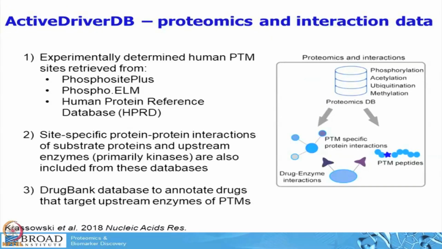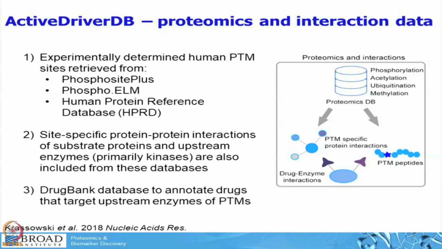In terms of proteomics and interaction data, it uses data available in several different databases like PhosphoSitePlus, PhosphoELM, and the Human Protein Reference Database. And in terms of PTMs, we are not only looking at phosphorylation here, we're also looking at acetylation, ubiquitination, and methylation.